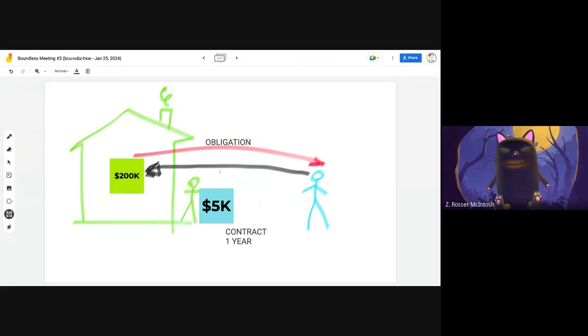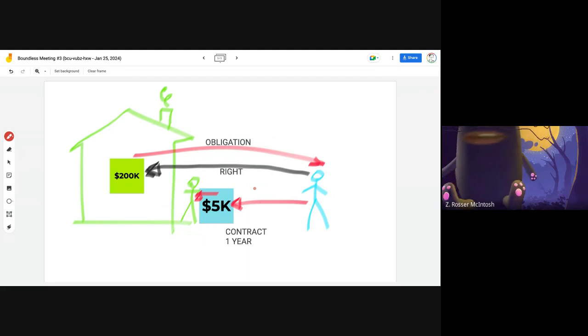For me, it's a right. But I'm also paying you $5,000. You get to keep the $5,000.